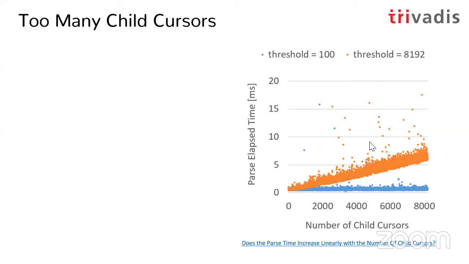What you see is that if the number of child cursors is increasing, and of course the meaning is child cursors per parent, for a single parent, then the parse elapsed time for a new child cursor increases.